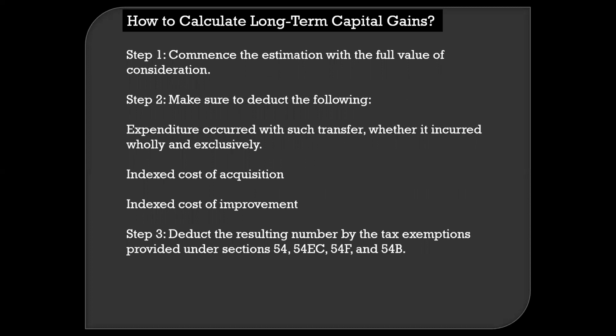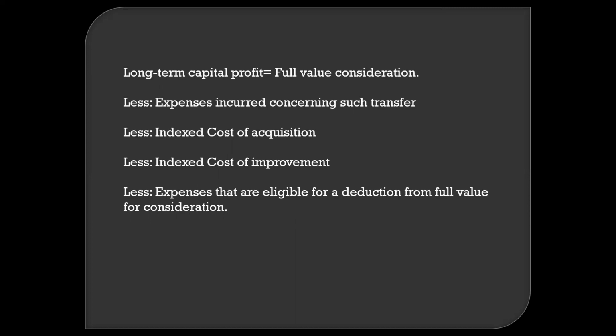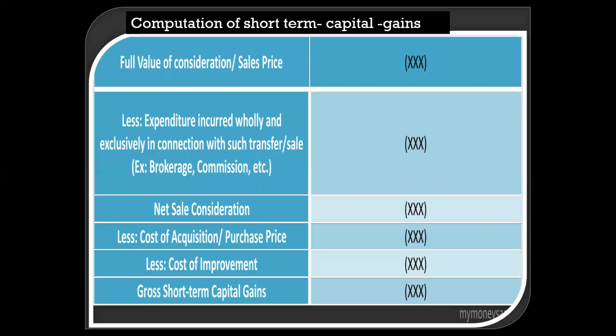Step 1, step 2, step 3, and here is the summary of that. Now, this is the picture that shows the steps to calculate short-term capital gains. The first one is sale price, or we can say full value of consideration. In the next step we deduct expenditure incurred wholly and exclusively in connection with such transfer.